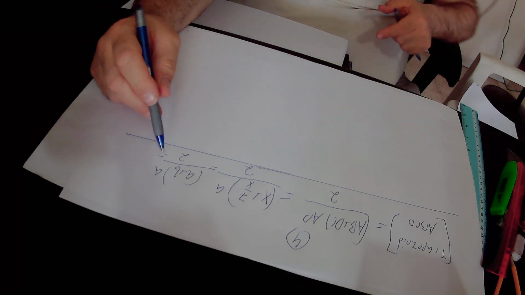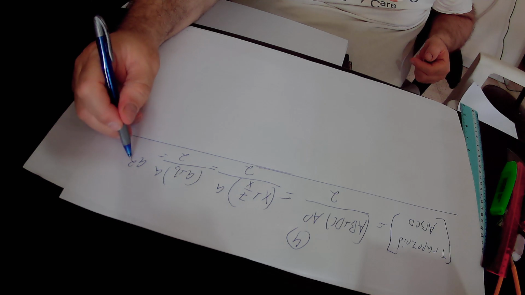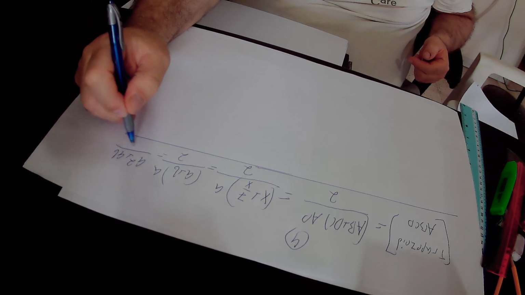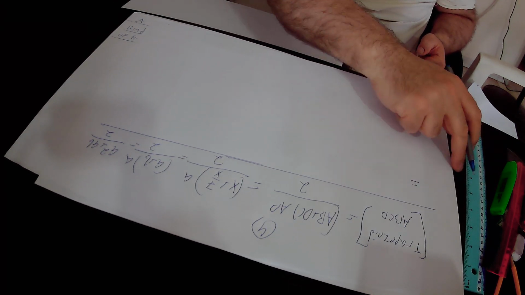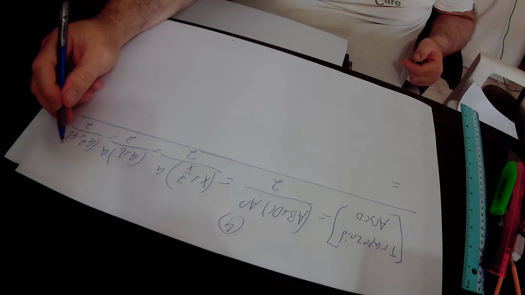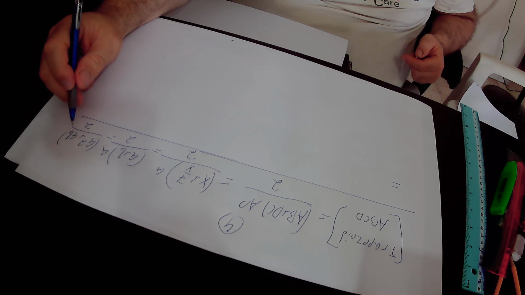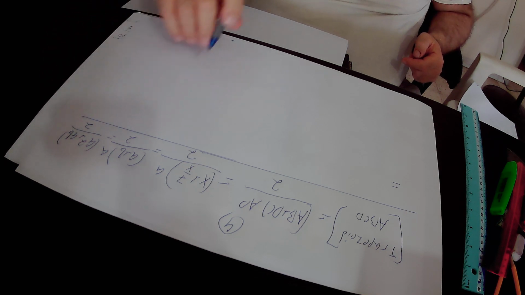Here we'll open the brackets of this expression. A times A is A squared, plus A times B, over 2. So the area of trapezoid ABCD equals A squared plus AB over 2.